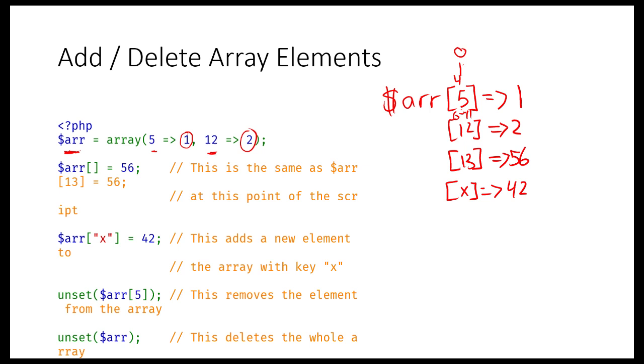So if we unset the 5th position from the array, now the array is going to get rid of this. And if we unset the array, we can get rid of the whole array. Now, every language has its own grammar, if you will, syntax for dealing with array elements, but they generally all have the same logic. Any questions, please leave a comment.